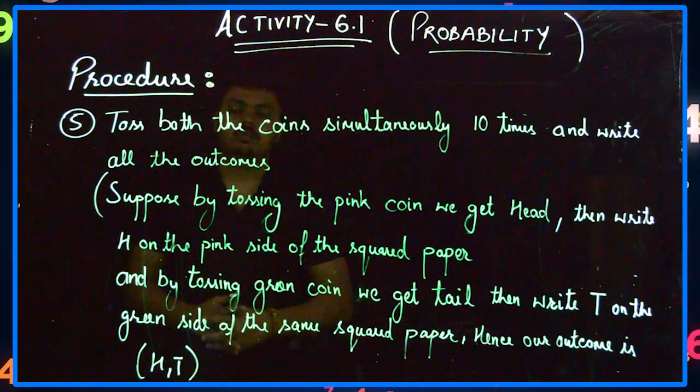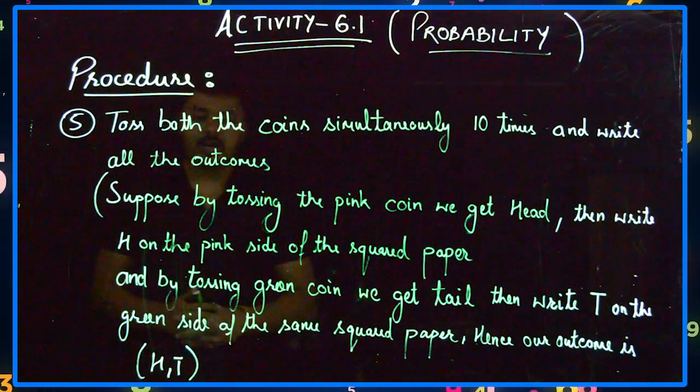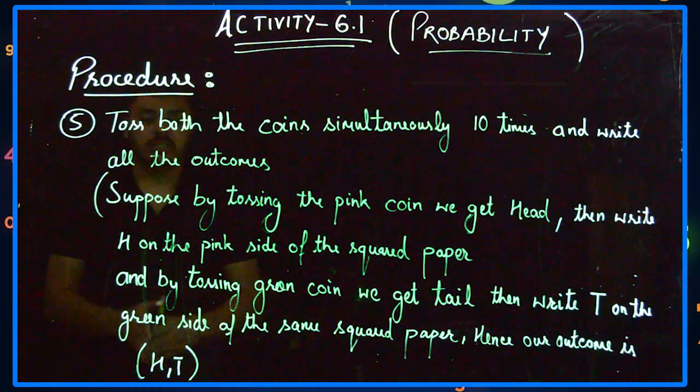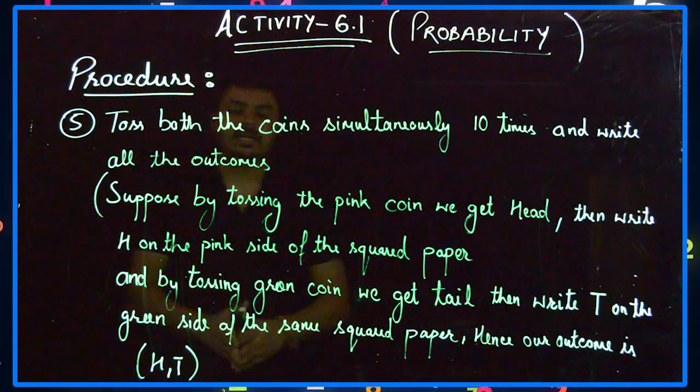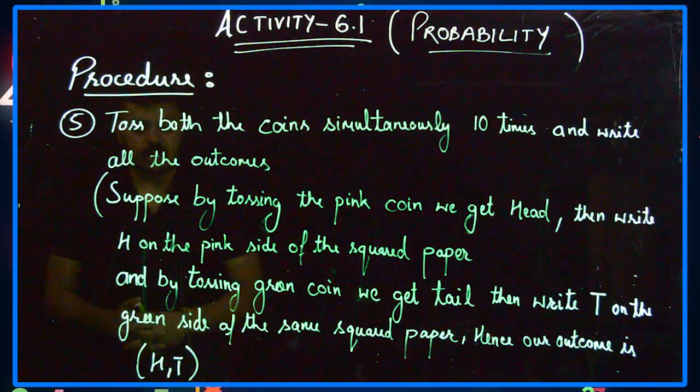Similarly, repeat this process 10 times as we have 10 squared cards, so we have to toss these coins 10 times simultaneously and write those outcomes over those squared cards.